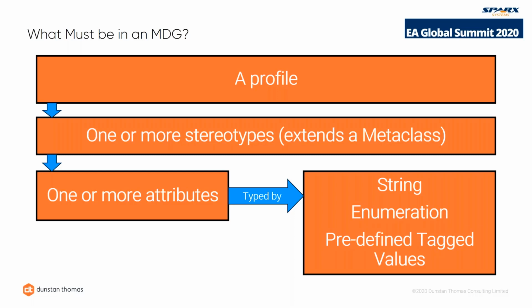So a typical use of an element is to have an element in your Metamodel with data associated with that element, and that data is represented by tag values. And those tag values could be single text strings, drop-down lists from enumerations, or predefined tag values, as well documented in the Sparx user guide.